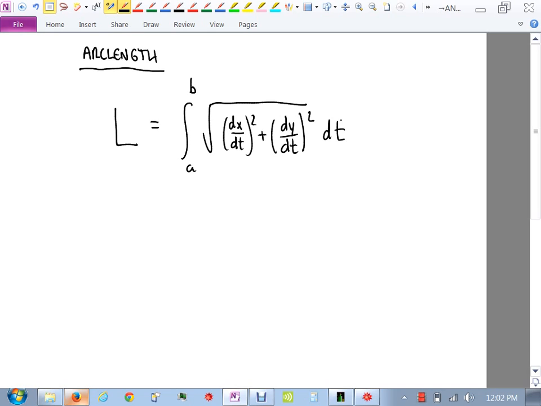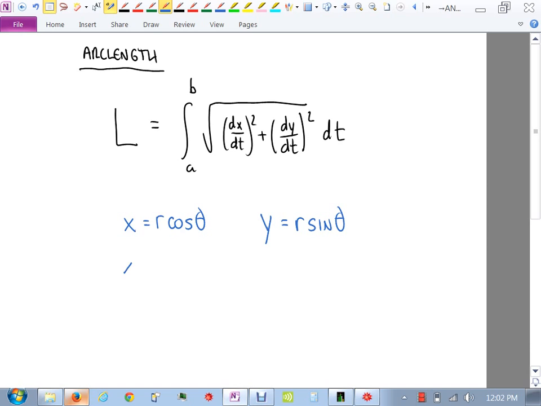Well, what we need to realize is that when we have these polar equations, those are our polar equations for x and y.